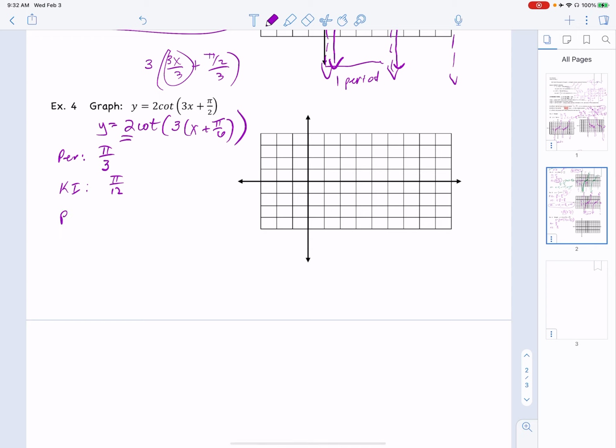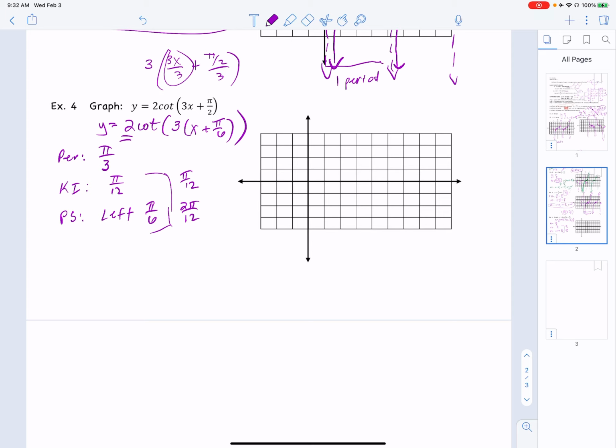And then my phase shift is left pi 6. And just like what I did with sine and cosine, we want to look at the key increment and the phase shift and write them with a common denominator. So the phase shift is going to be 2 key increments to the left.